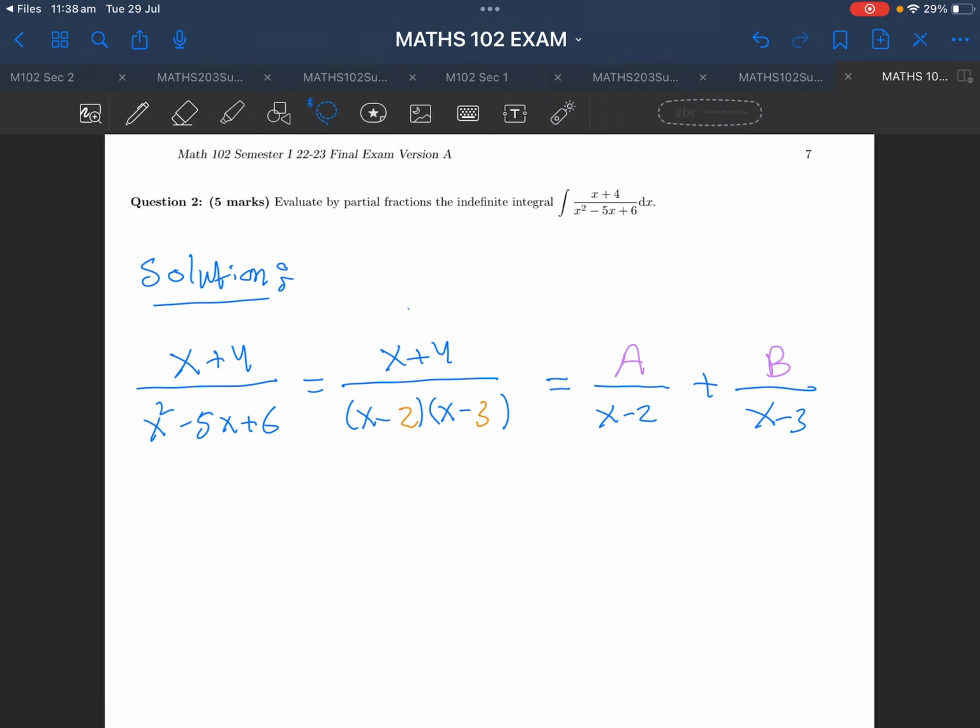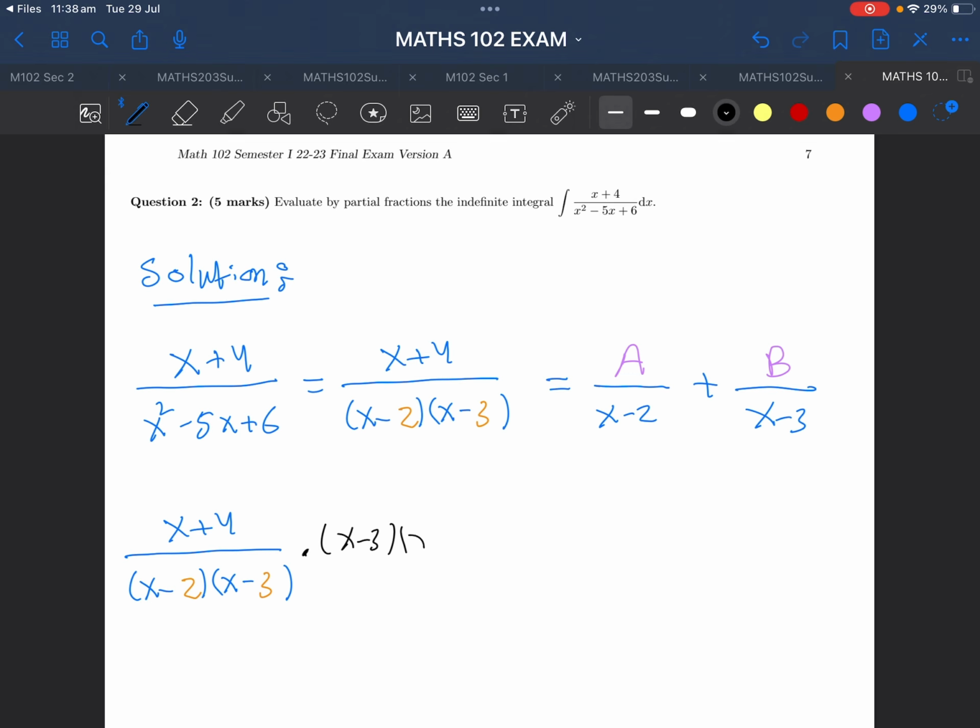So let me just copy this. You need to multiply it by x minus 3, x minus 2. You do the same for every other one.